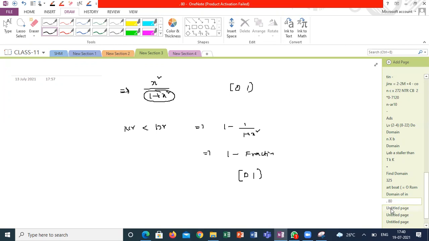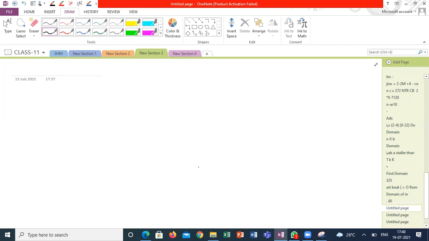So one more way of questions. Find the domain of 1 by mod x minus x.